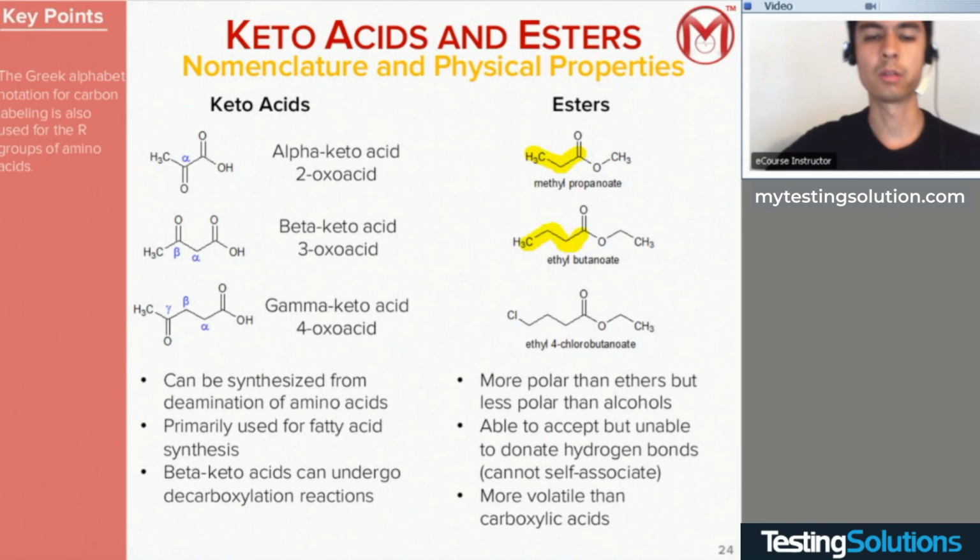That molecule does not come off because it's not a good leaving group. Okay. They're more polar than ethers, but they are less polar than alcohols. They can accept hydrogen bonds because they have the carbonyl, but they can't form hydrogen bonds within themselves like carboxylic acids can. So they're generally more volatile than corresponding similar carboxylic acids.